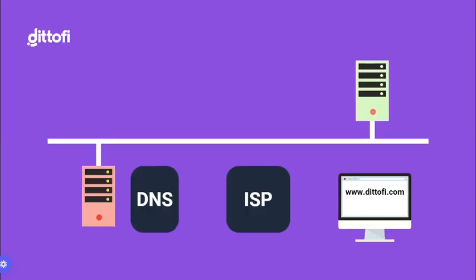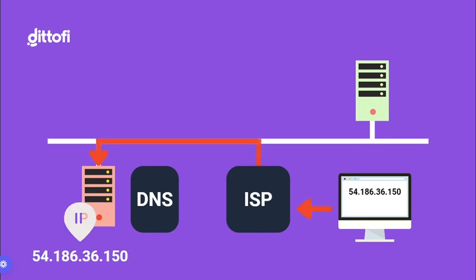So, if I want to see the Dittofi website, my browser will first need to get the IP address of the Dittofi server from my ISP, and then my browser will need to make a request to access the website via the internet backbone. The request will pass down thousands of kilometers of undersea cables and arrive at the server located at the IP address. And the server that is located at the IP address is, of course, the Dittofi server.